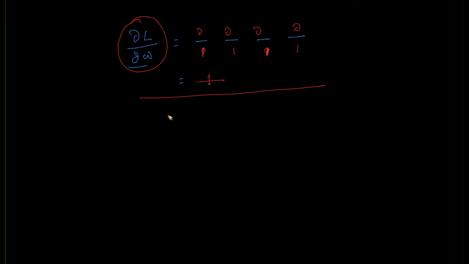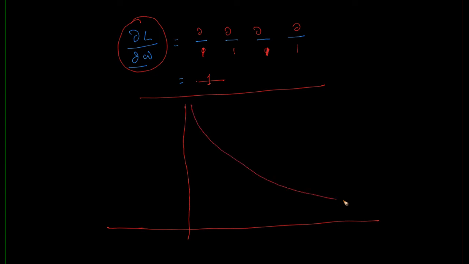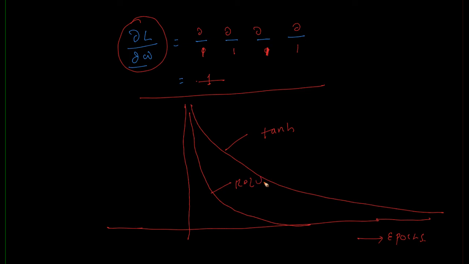Now, I'll directly show you the plot from the paper in which ReLU was first published. They compared the convergence of tan H and the convergence of ReLU. This was the kind of graph shown for tan H, and this was the graph shown for ReLU. This axis is epochs.